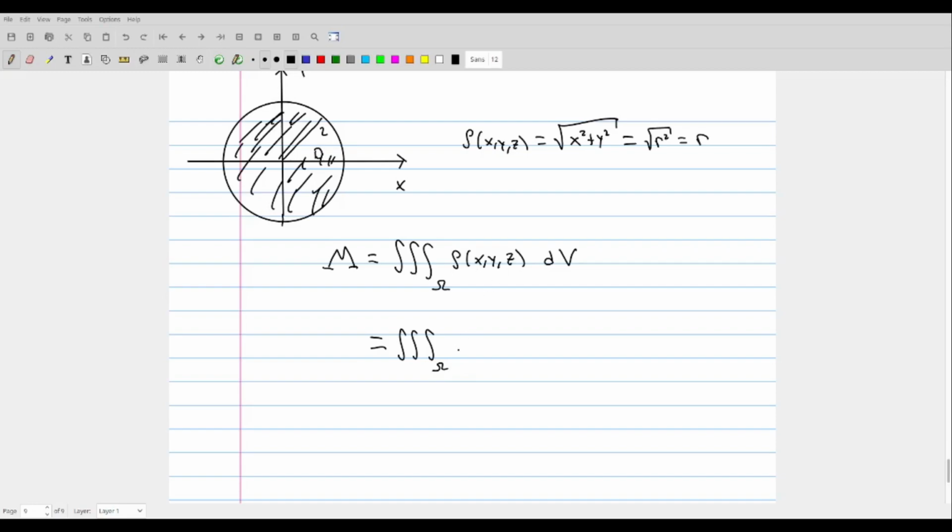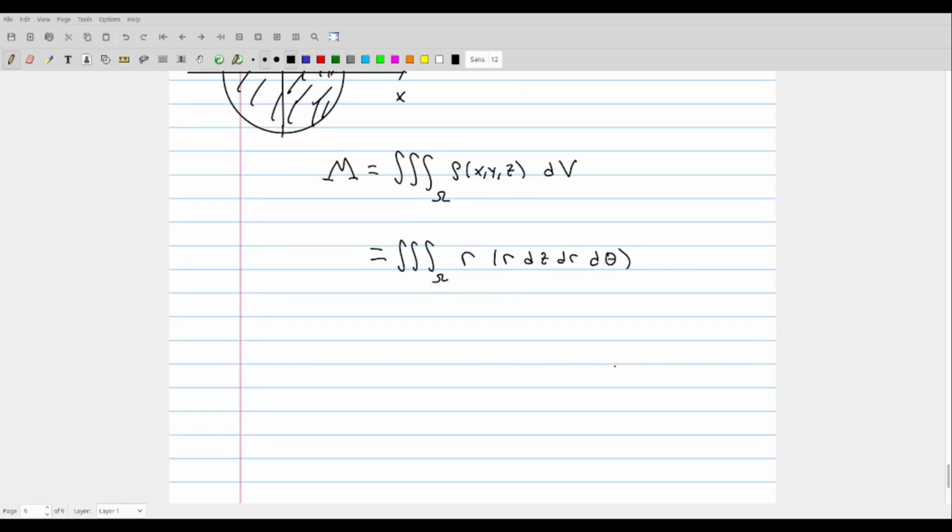And then dV in cylindrical coordinates is going to be r dz dr d theta, because r is the Jacobian determinant term when we move to cylindrical coordinates.